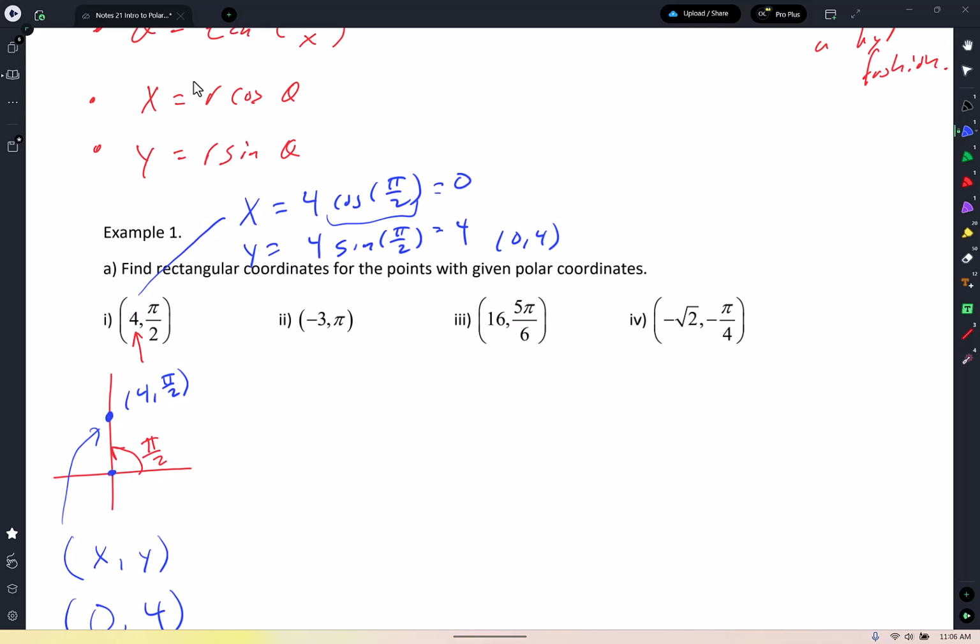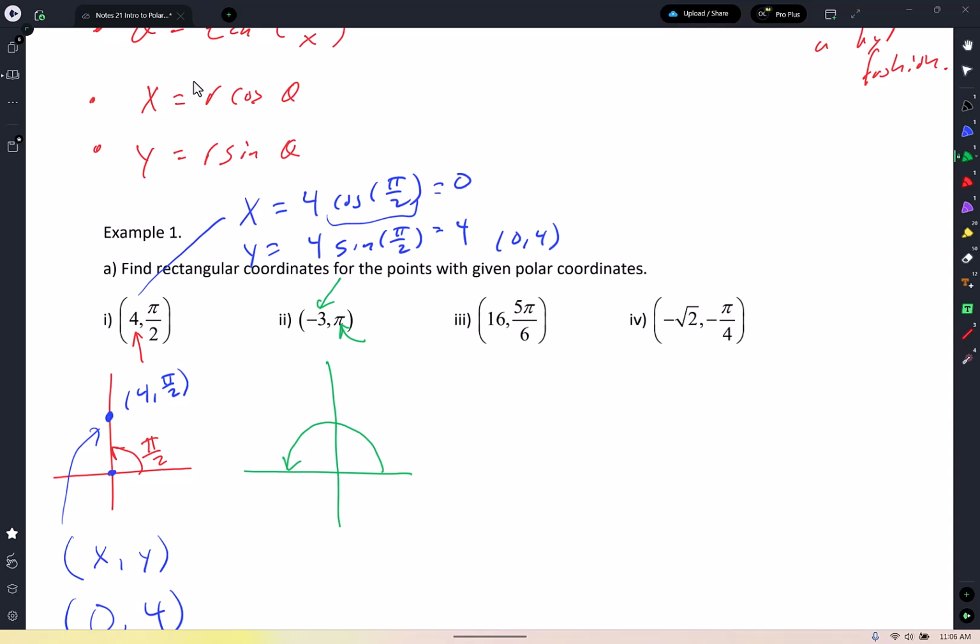All right, so here, what are we going to do first? Remember what we said? We look at the angle first. I know it's kind of a little bit counterintuitive how you guys were raised. You guys were raised like do X and then Y. So what are we doing first? The pi. So pi would have put us on the negative x-axis. But look what happens with the r. Is the r negative? So we're going to go in reverse.